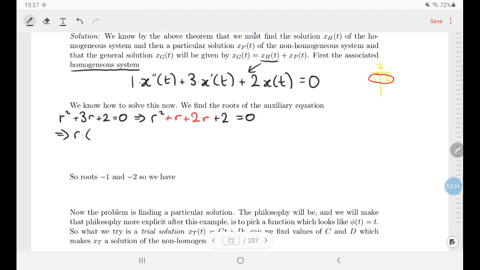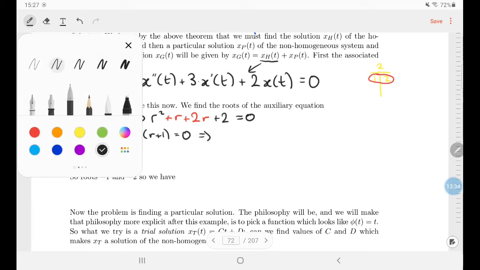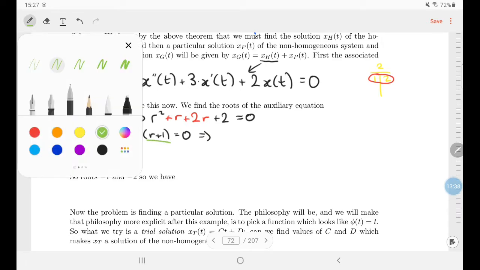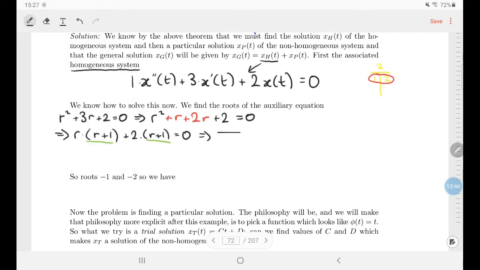What are you left with? Well, r plus 1. And then take something out of 2r plus 2 that leaves r plus 1 again. The answer is 2. Now take out something common out of both of these, which is r plus 1. And so you've got r plus 1 times r plus 2 equal to 0.